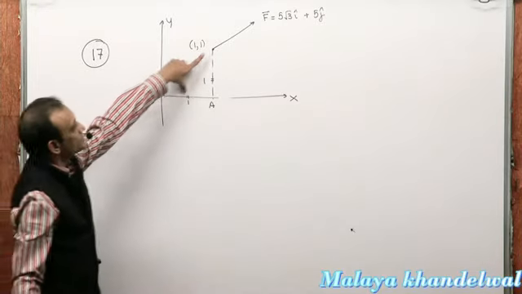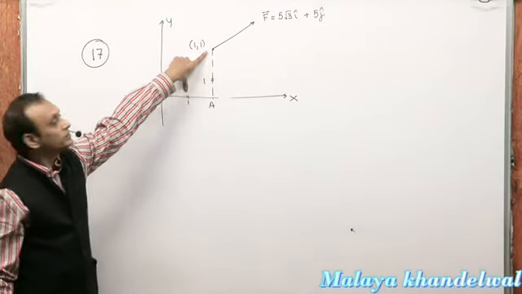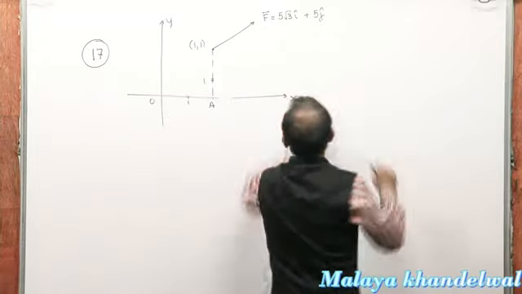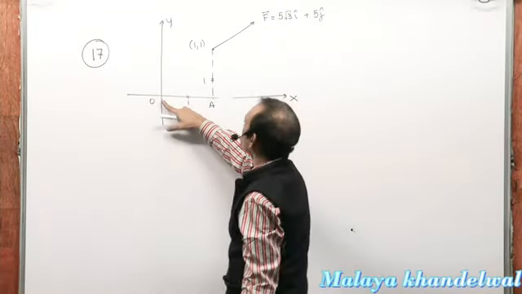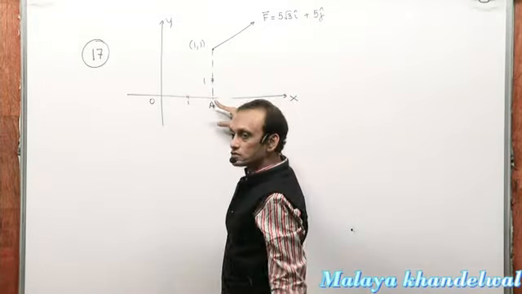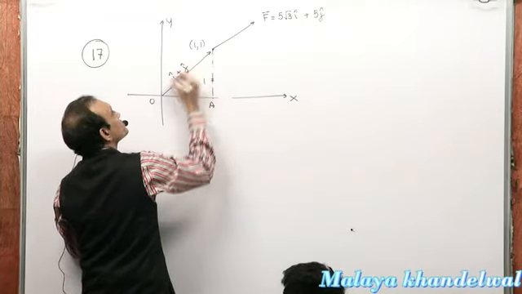So we have a force acting at a point 1 comma 1, 5 root 3 i cap plus 5 j cap, and we want to find the torque about O and the torque about A of this force. Very clearly, this position vector is what? i cap plus j cap, isn't it?